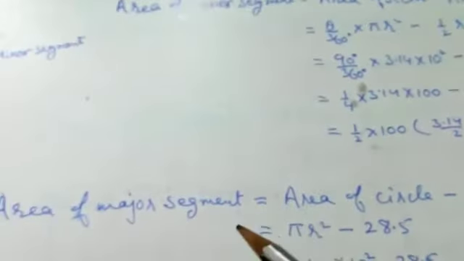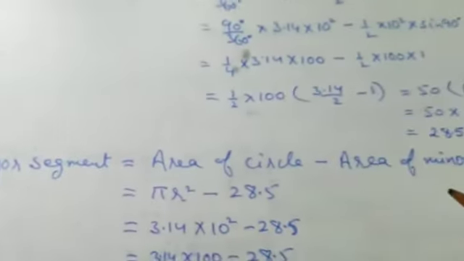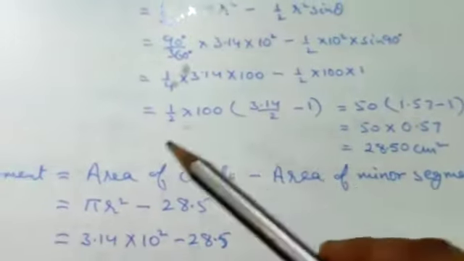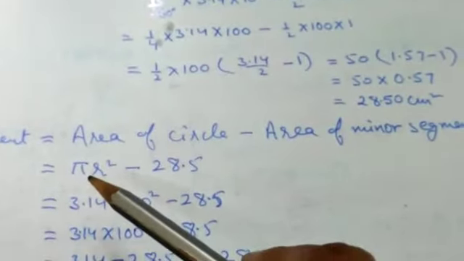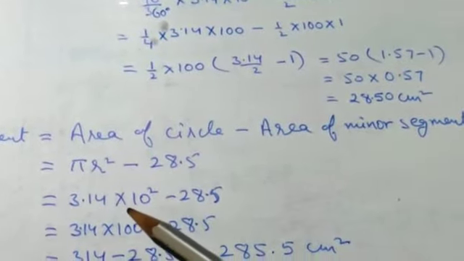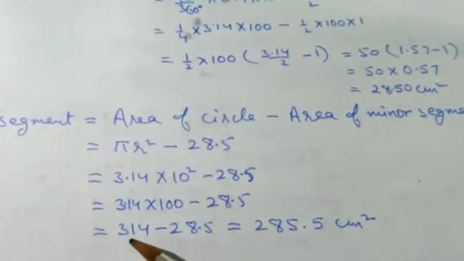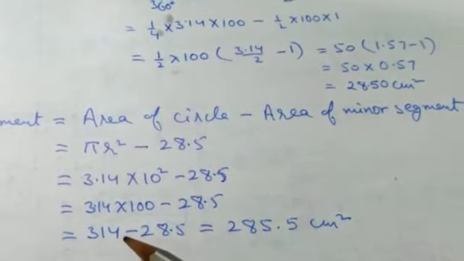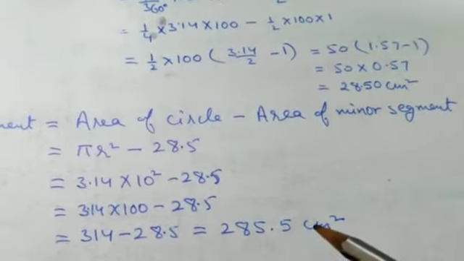And for finding the area of major segment, what we'll do? We'll subtract area of minor segment from the area of circle. Now area of circle we all know is pi r square, that is 3.14 into 10 square, and the area of major segment becomes 314 minus 28.5, that is 285.5 centimeter square.